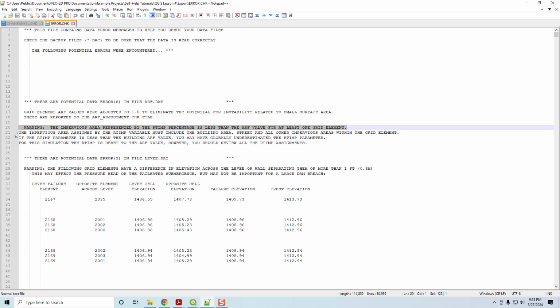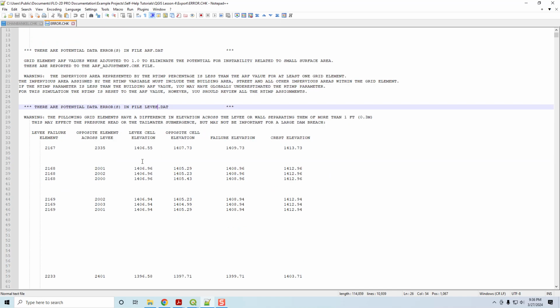So in that case, the rtemp will be reset to the building area. So that's okay. The rtemp for those grid elements were reset to the building ARF value, which is usually 1.